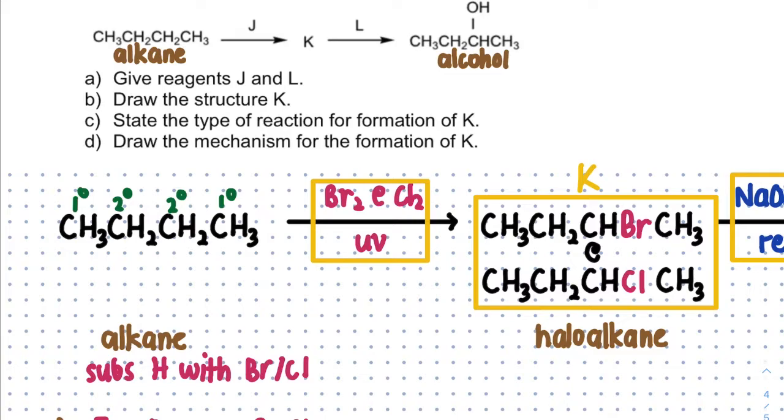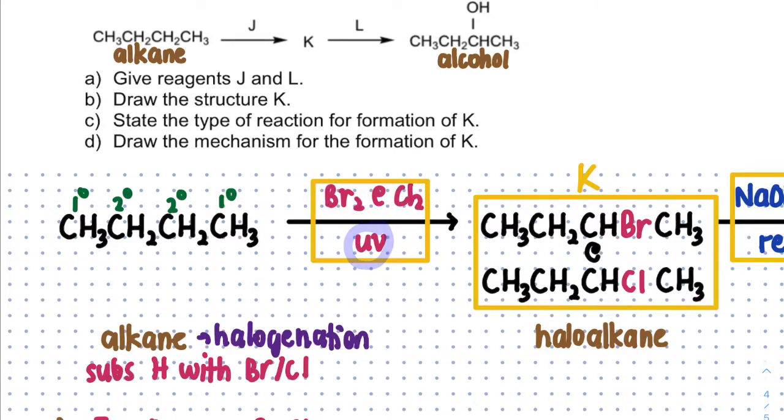Kalau alkene yang double bond tu dia unsaturated kan, macam-macam reaction boleh undergo. But for the alkane itself, ada satu saja reaction kita belajar, where we will substitute hydrogen with either our bromine or chlorine. So dalam case ni, alkane will only undergo halogenation. Tapi for the halogenation, it must be Br2 ataupun Cl2 and it must have UV.